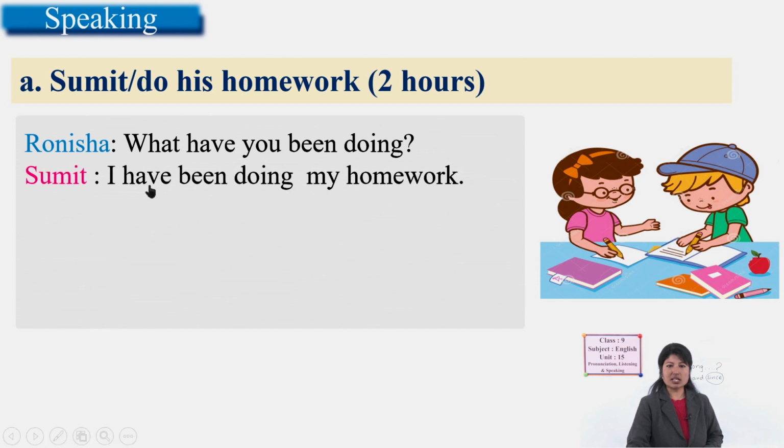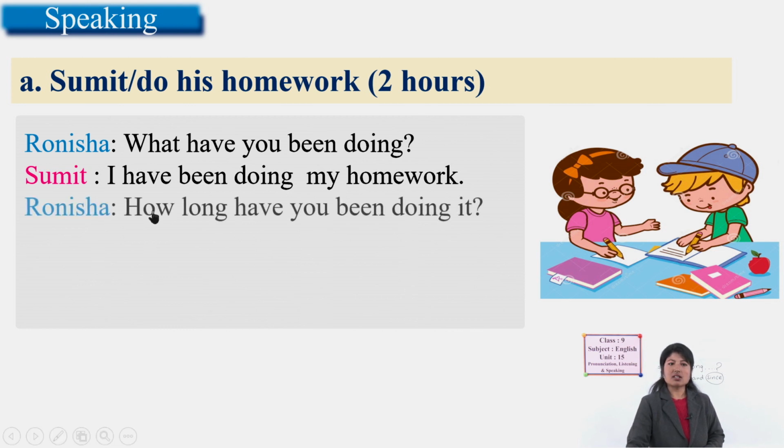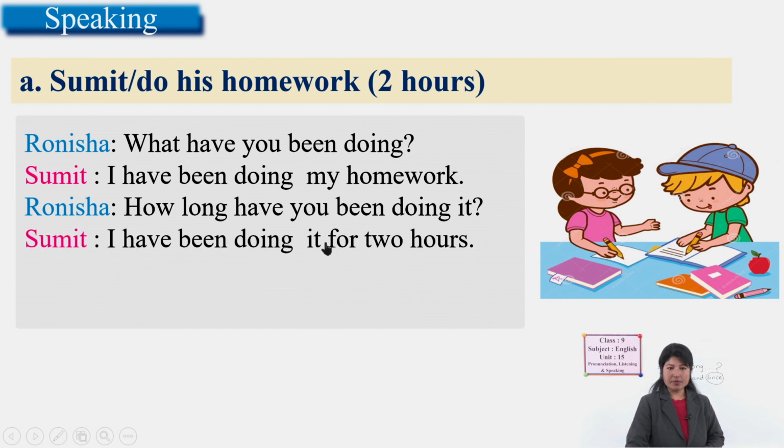Then Sumit answers, I have been doing my homework. Ronisa, how long have you been doing it? Questions starting with how long. So the clue is 2 hours. That's why we have to use that clue over here. I have been doing it for 2 hours.